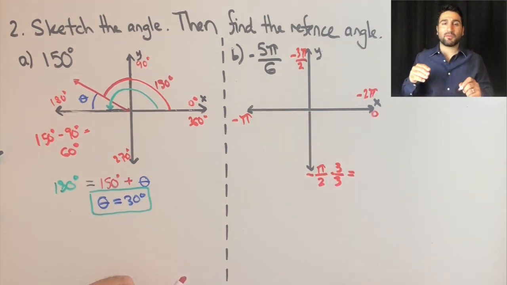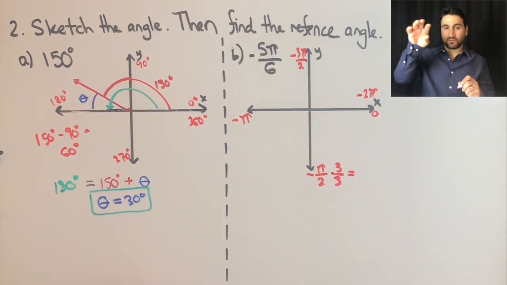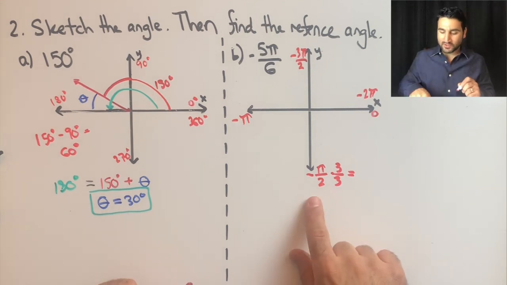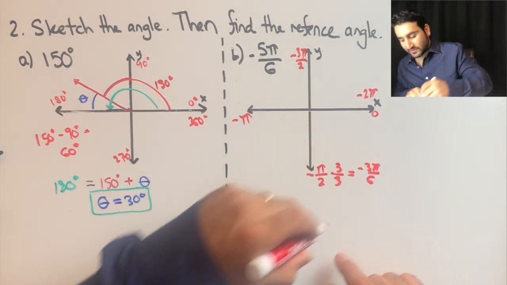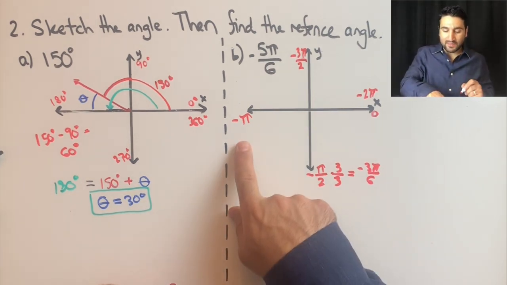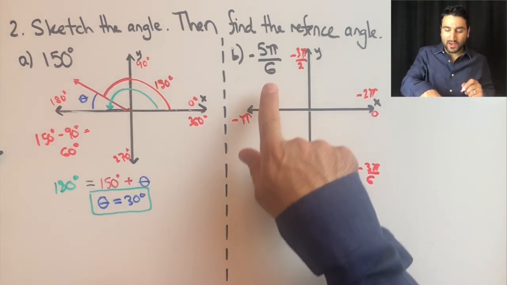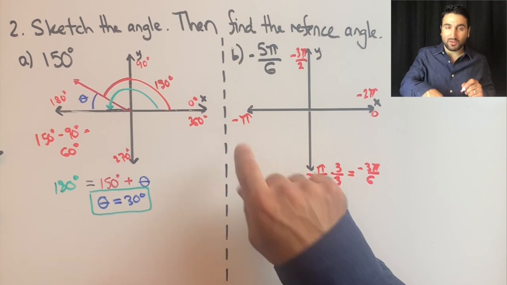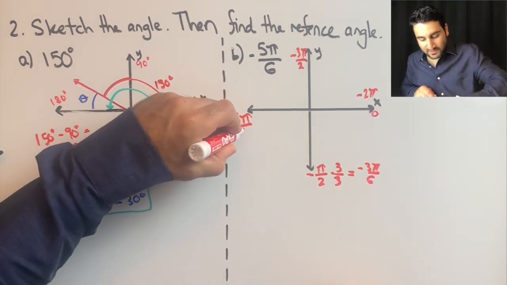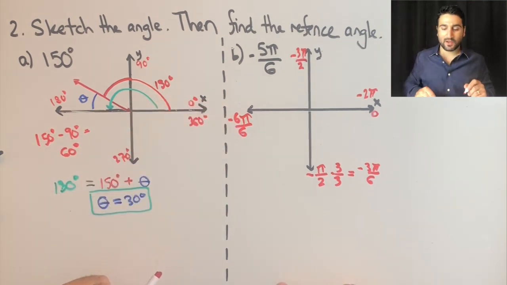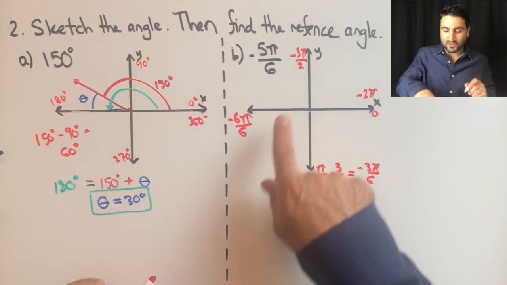Technically we're just multiplying by the number 1 because 3 over 3 can reduce to 1. So this is negative 3 pi over 6. You see that? And this one, if we want a denominator of 6, we would multiply by 6 over 6, which would be negative 6 pi over 6. Technically, we can change this one too, but we don't really need it.